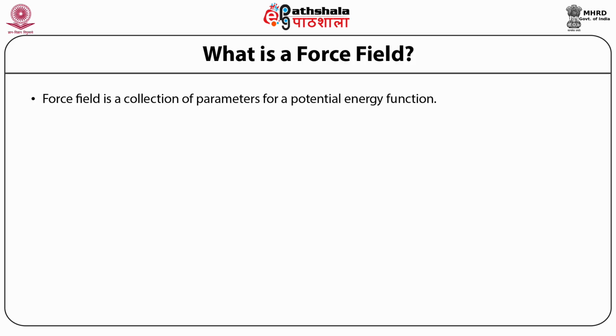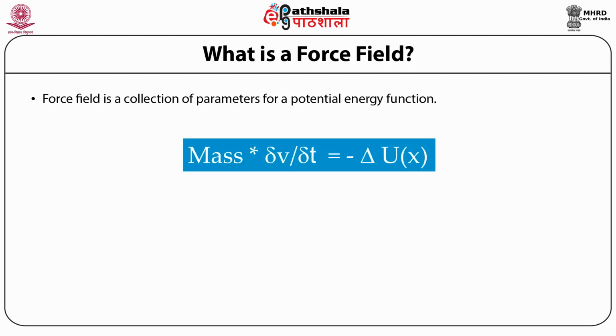Hence, this left hand side depicts mass into dv/dt, which is the force, not d squared v/dt. Please note, this is the rate of motion, that is the rate of change of velocity. Hence, acceleration represented by dv/dt multiplied by mass is the force.